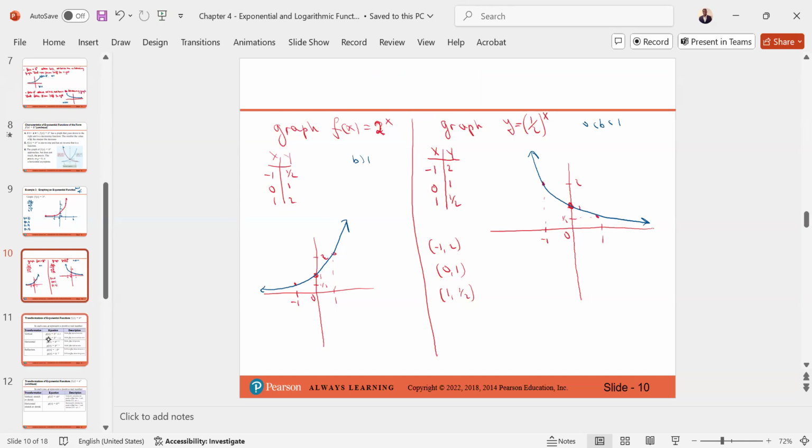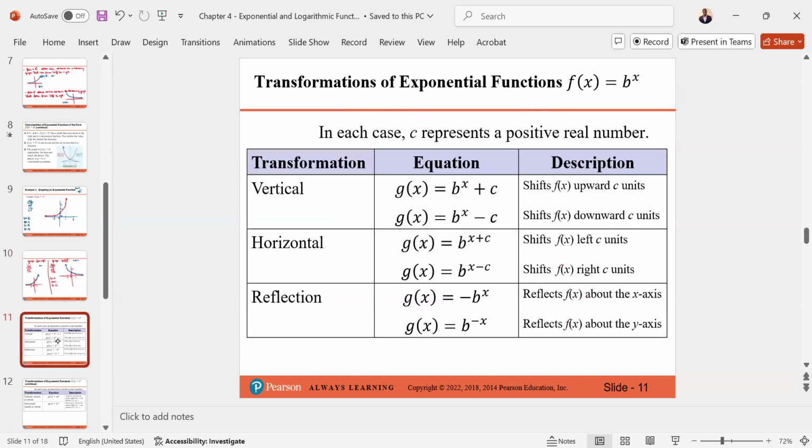Now, let's see the transformation of exponential functions, because this is one we need to do as well. Transformation of exponential functions. In each case, c represents a positive real number. Vertical shift: first of all, what you need to do, you graph the exponential function b power x.